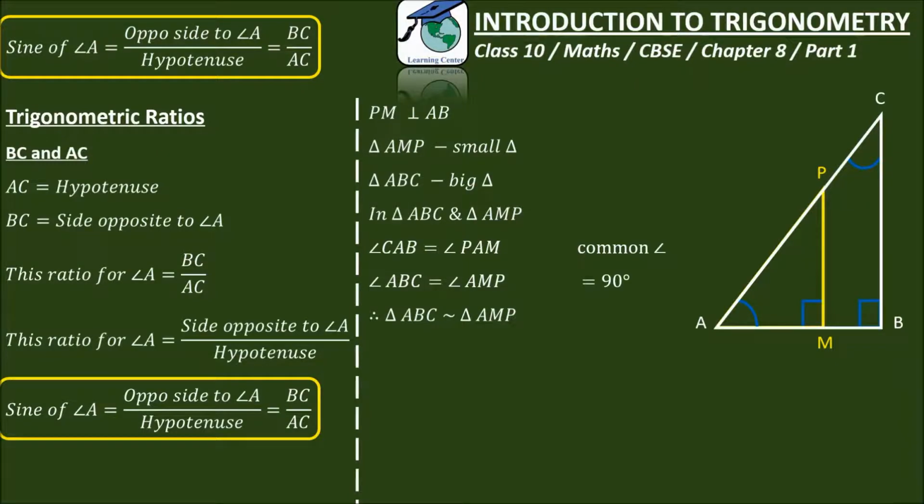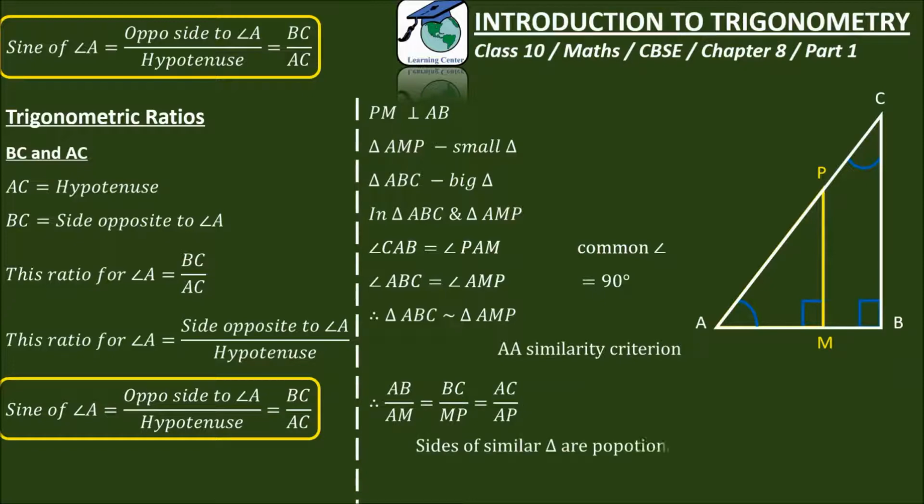What's the reason? Because of AA similarity criteria. As two angles are equal, so the two triangles are similar. And we know the property of similar triangles, that all angles are equal or congruent and the sides are proportional to each other. Therefore, I can say that AB upon AM is equal to BC upon MP is equal to AC upon AP.